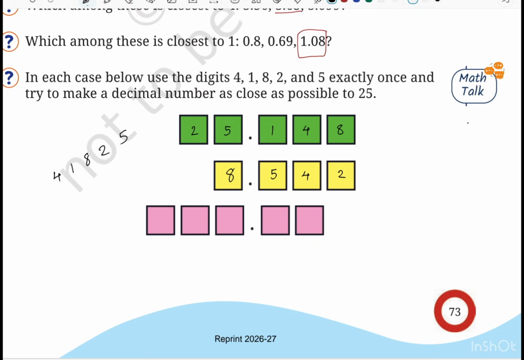So we have got all the numbers: 2-digit, 1-digit and 3-digit numbers.